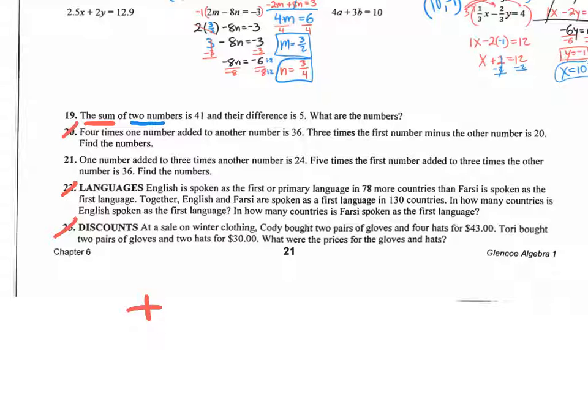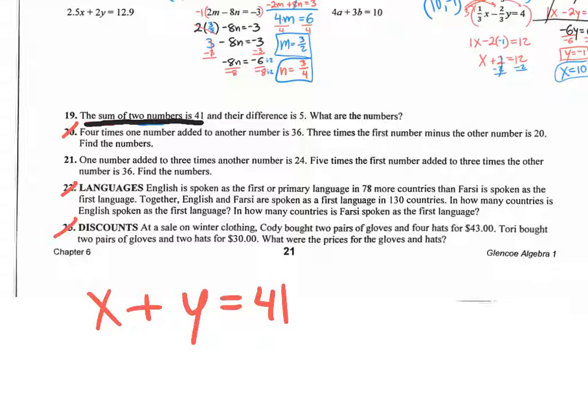So they don't tell you what the two numbers are. So we're just going to simply put one number x plus another number y equals. The answer is 41. That's what that first sentence says right there. The sum of two numbers is 41. X plus y equals 41.